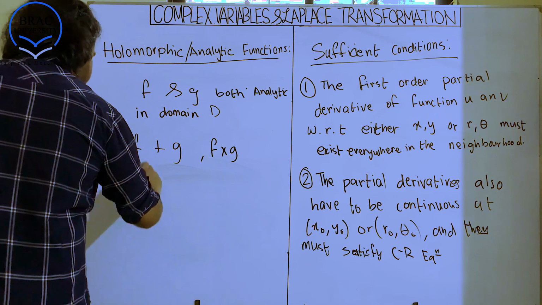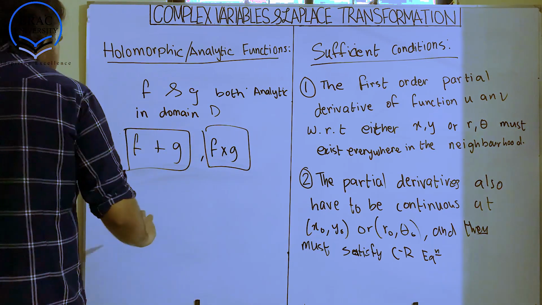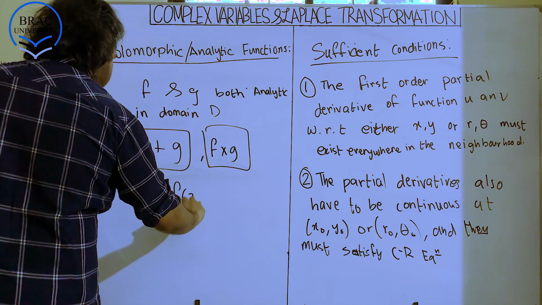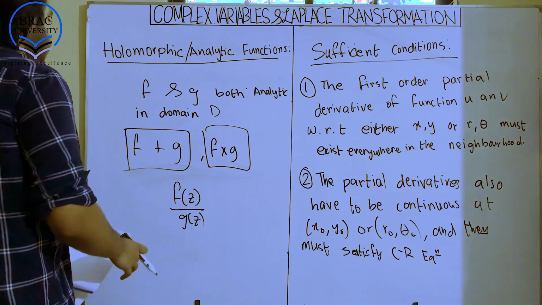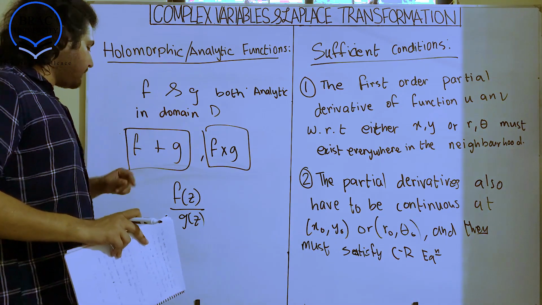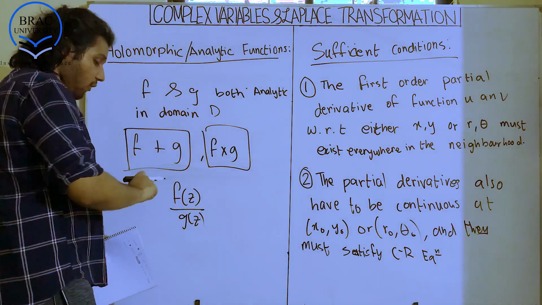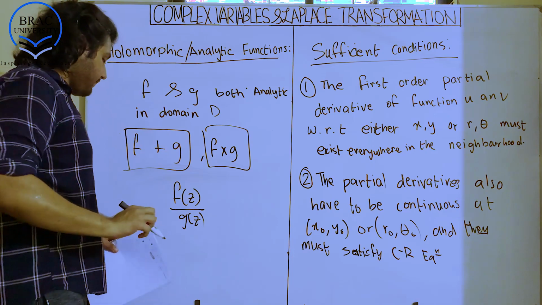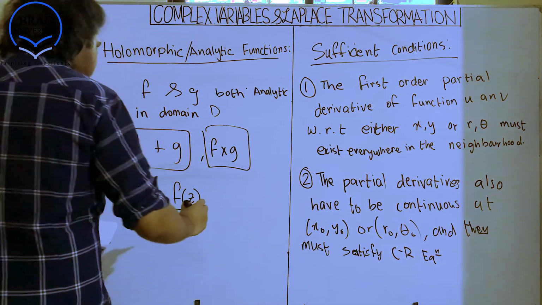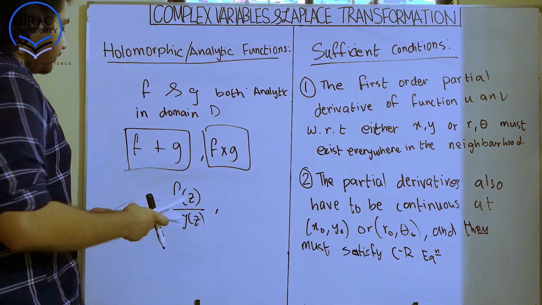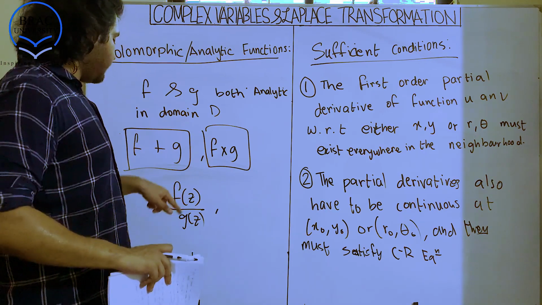Furthermore, if you had f of z over g of z, where f of z and g of z are both analytic in domain D separately, then f of z over g of z is also analytic, given that there does not exist a value in the domain D which would give g of z equals 0.